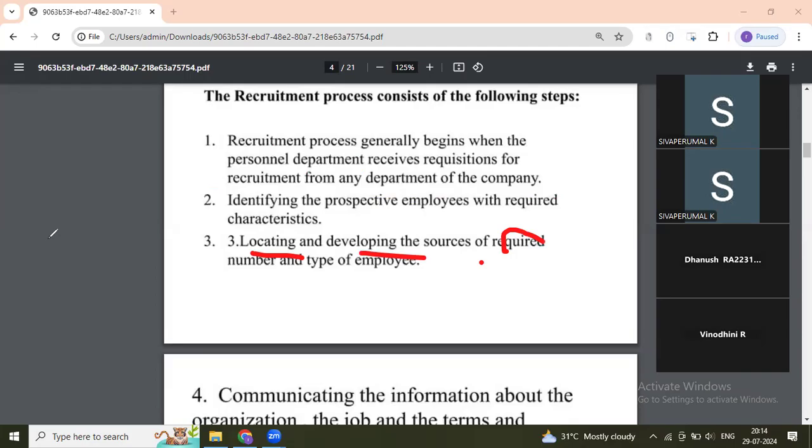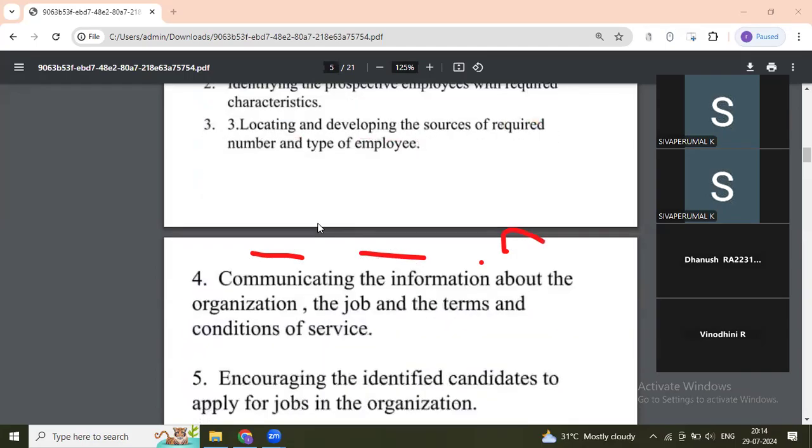Fourth is communicating information about the organization regarding the job and terms and conditions of service, right? For example, what kind of job we are advertising, the nature of the job, and the role of the job. We explain all these things about the job, right?